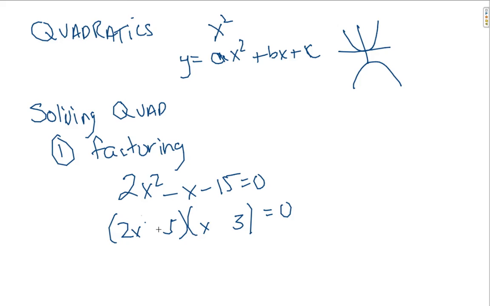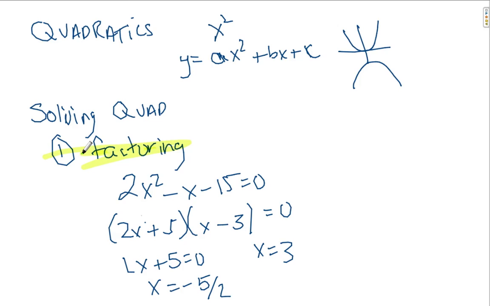This one ends up being the positive, and this one is the negative. So 2x plus 5 is 0, so x equals minus 5 over 2, or x equals 3. Factoring is one way that we solve things, which you guys know fairly well.